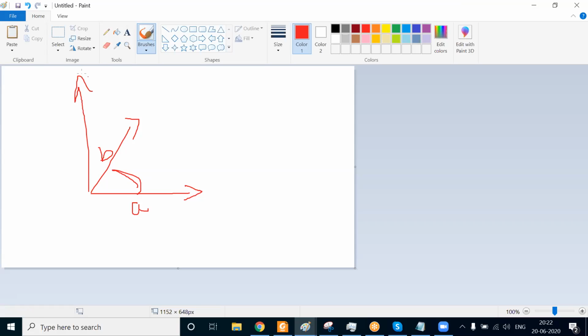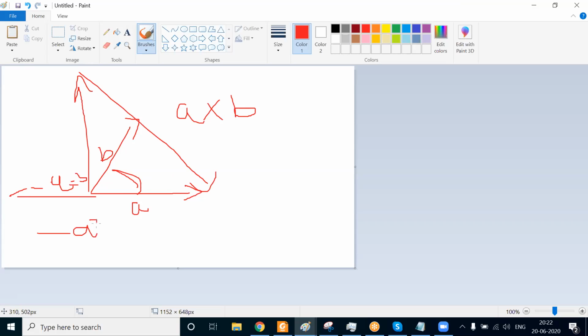This is A cross B. Now, the angle between A and B can be the same when A is this and B is the opposite of A, that is, minus A, which we call B. So A into minus A will give me minus A square. My magnitude will not change, my direction will not change, it will still be a straight line. That is what it is telling.